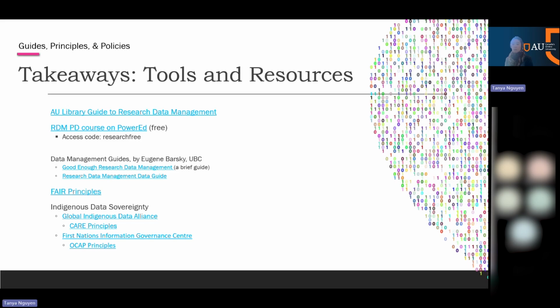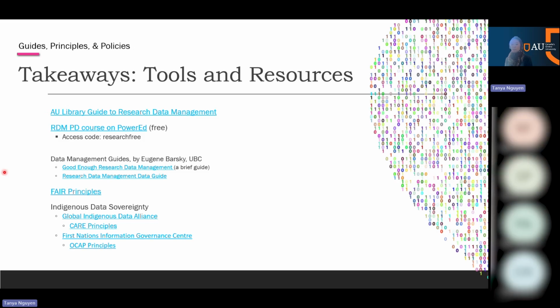So the AU Library Research Data Management Guide gives you an overview of this presentation, and the RDM Professional Development course is free to take, and it might be helpful to take this particular one if you want to have a journal. You can write in your journal thoughts about the data management process as you're going through this particular course.